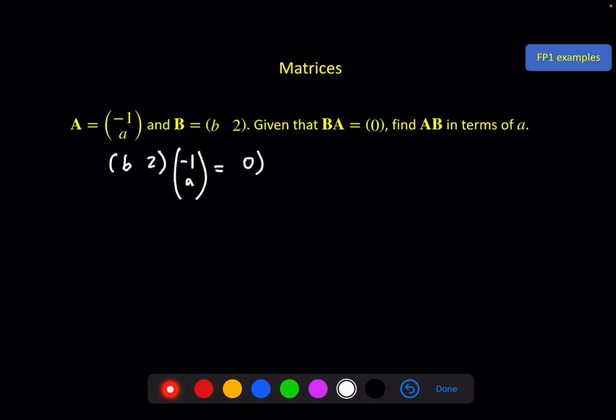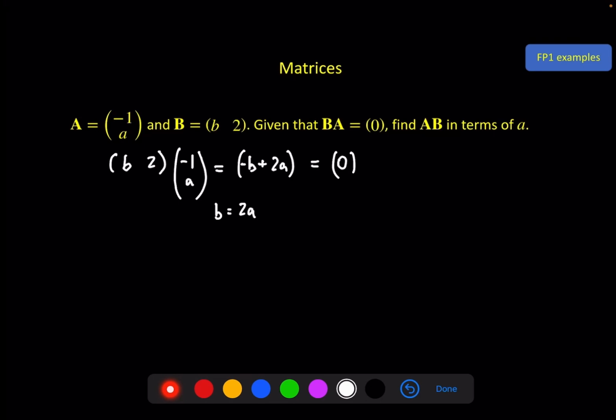Now if I get rid of that 0 for a second and actually do this multiplication, we have B times minus 1 plus 2 times A. So we have minus B plus 2A, and that is a single element, and that single element must be a zero element, which tells us that B must equal 2A.